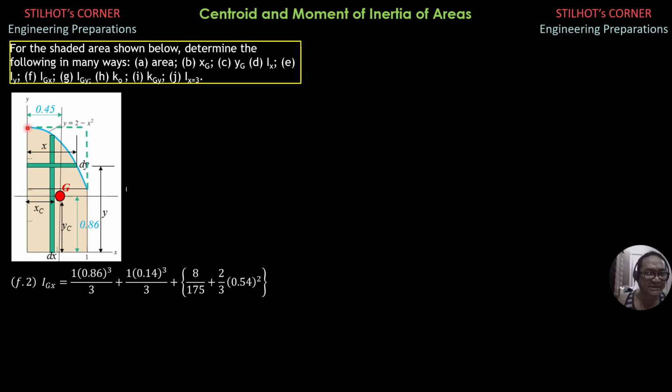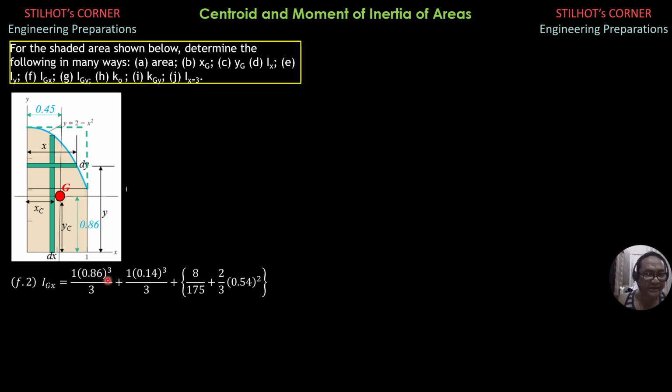So remember, the centroid of the parabola from the top is 3/5 of 1, and if that is 0.6, its distance from the top of the square is 0.4, 1 minus 0.6, and since this is 0.14, the total distance of the centroidal axis of the parabola to the centroid of the entire region is 0.4 plus 0.14, 0.54.